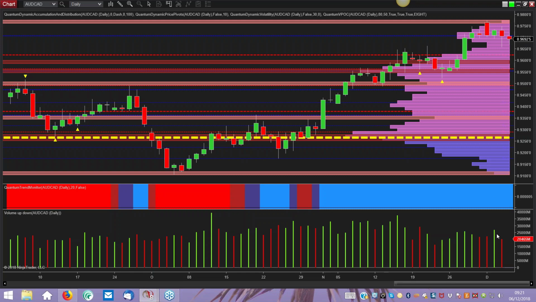Now that in itself is not sufficient to take a position in the market, but it's giving you an indication that the effort that is going into that market moving higher is not delivering in terms of price action, because you only need to look at some of these other candles here, for example, this one or this one, where you've got quite a wide spread on the day with some decent volume underneath it.